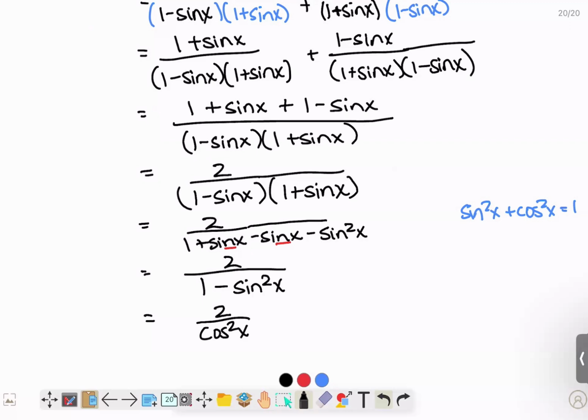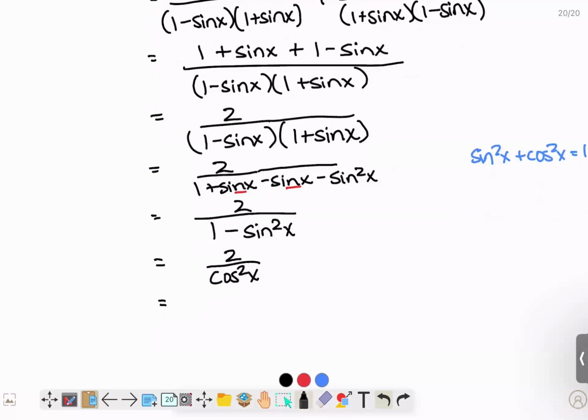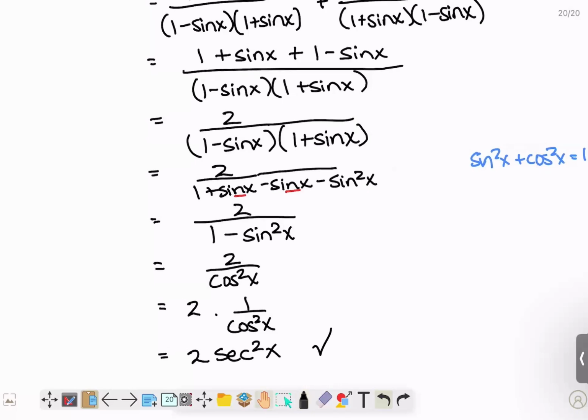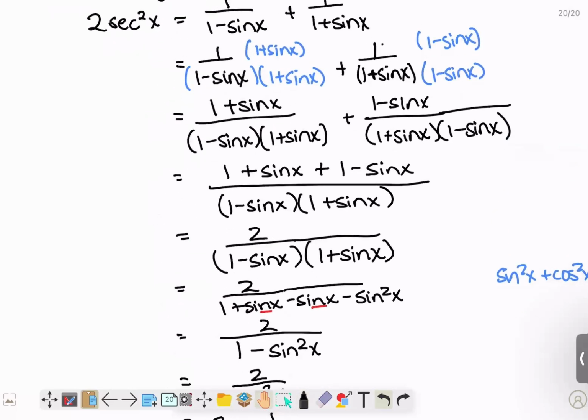Okay, so almost where we want to be at 2 times secant squared. And it's in there. If I separate this, it's 2 over 1 times 1 over cosine squared. So cosine is still in the denominator, but 1 over cosine squared is secant squared. And that's what I wanted. So just verified: 2 secant squared, got it.